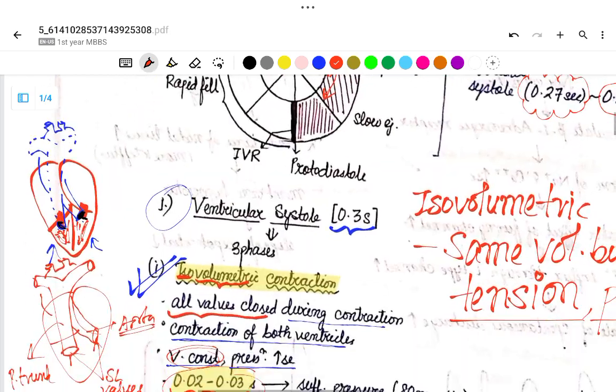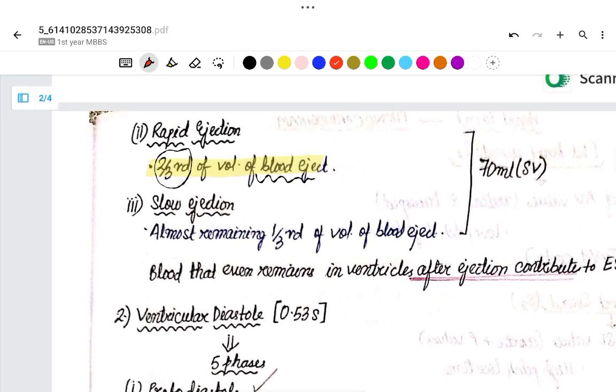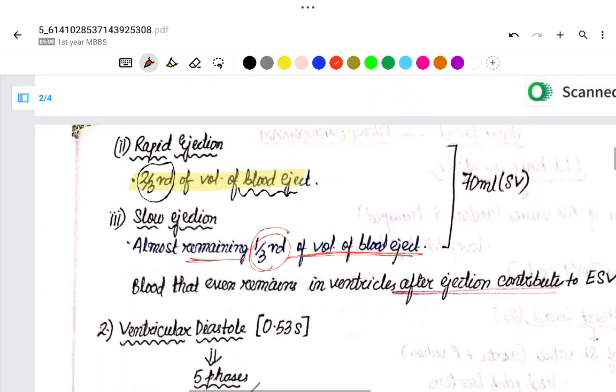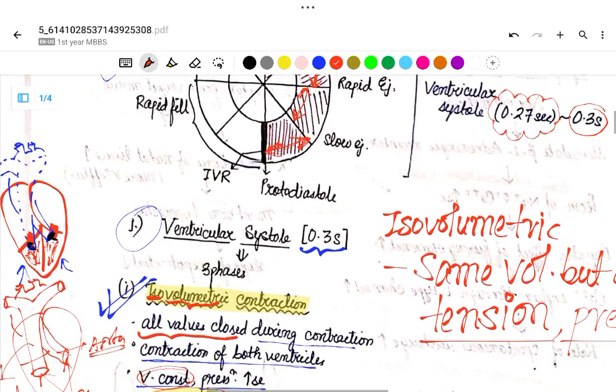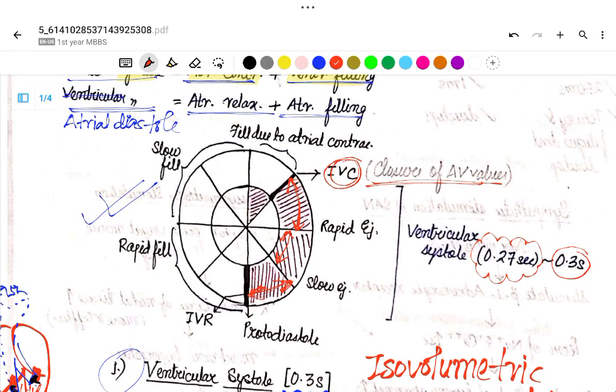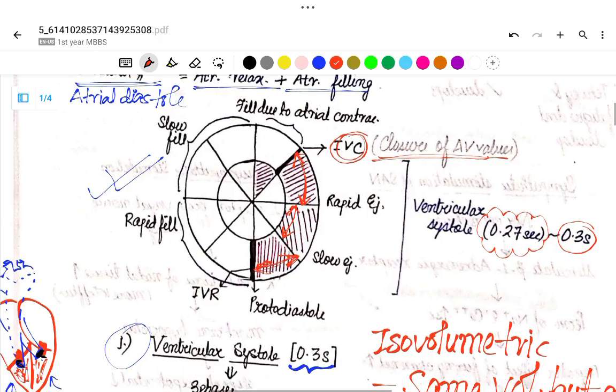In the slow ejection part, the remaining one-third of the volume of the blood is ejected. So what happens? First, there is very strong contraction, but all the AV valves are closed and no blood is ejected out during the isovolumetric contraction.